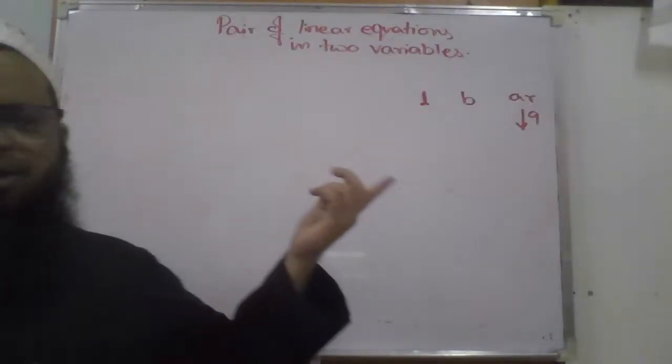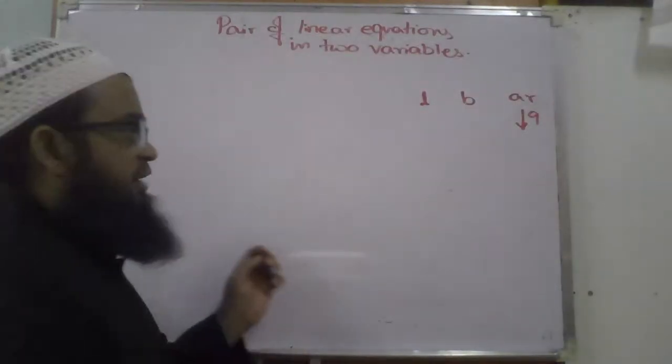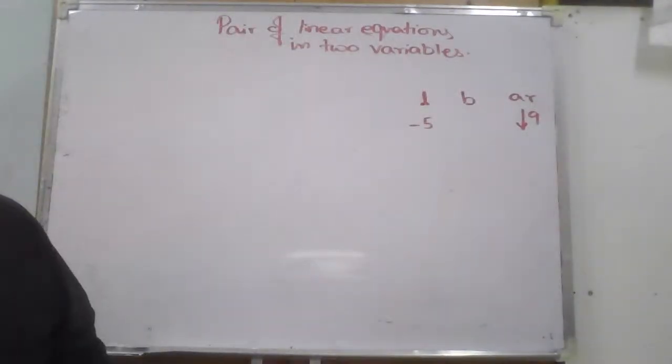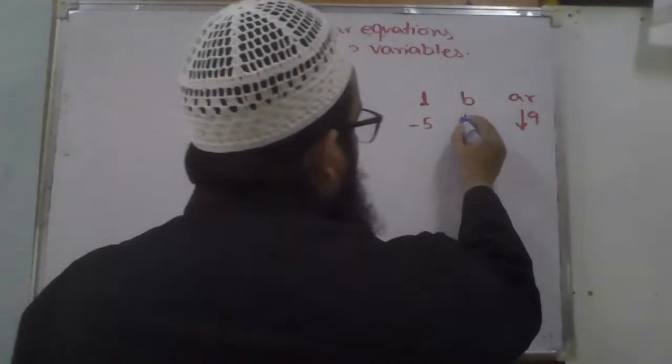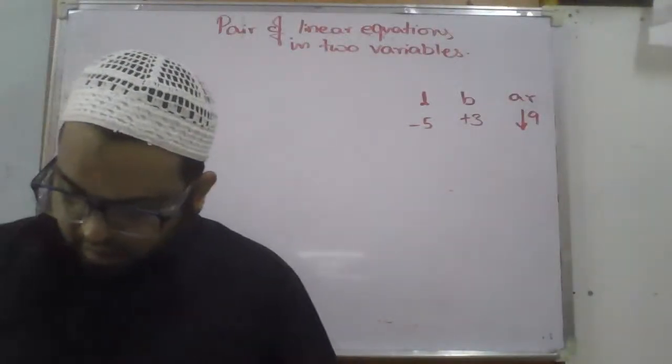Okay, it's only a rough work. If the length is reduced by 5, it is minus 5, and after that the breadth is increased by 3. Okay, the area will decrease by 9 square units.